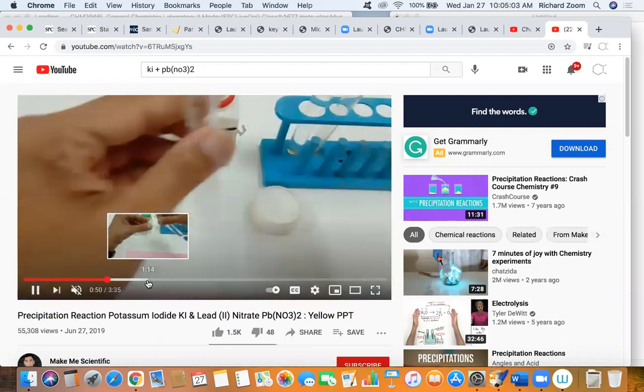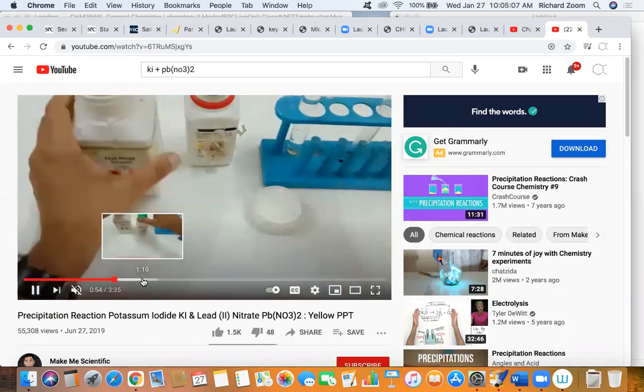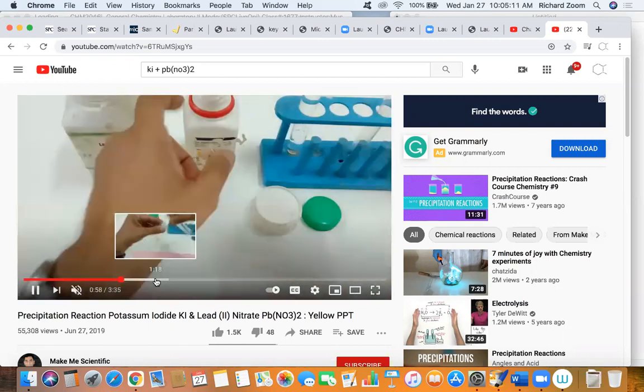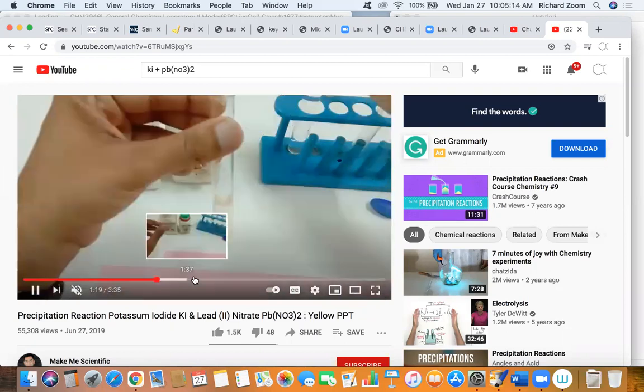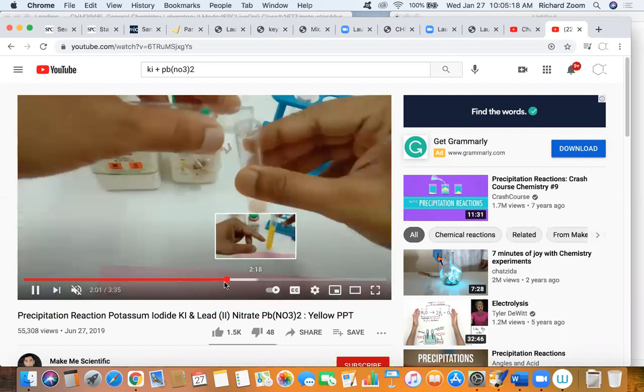What he's doing here is he's putting lead nitrate into a test tube. He's going to add water to it. And the potassium iodide is also a solid, but he's going to add water to that as well. All right.